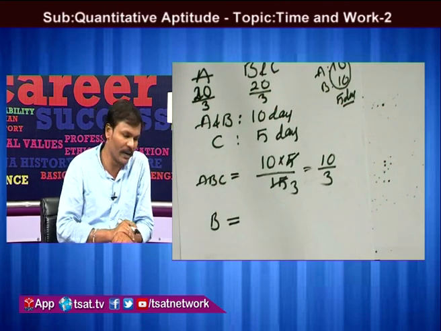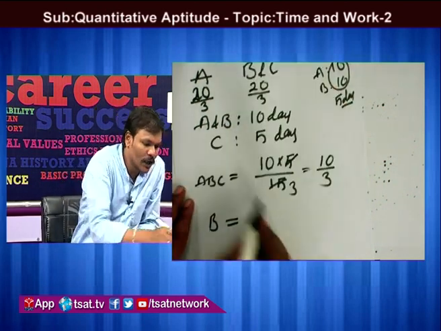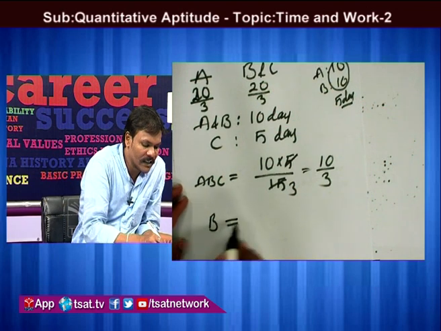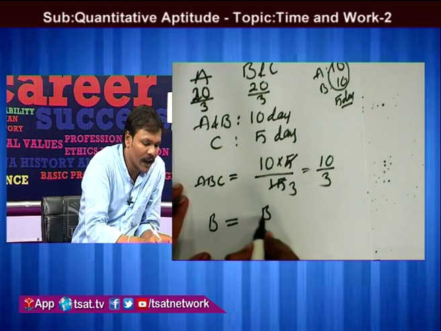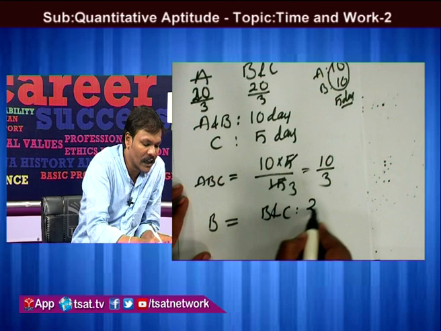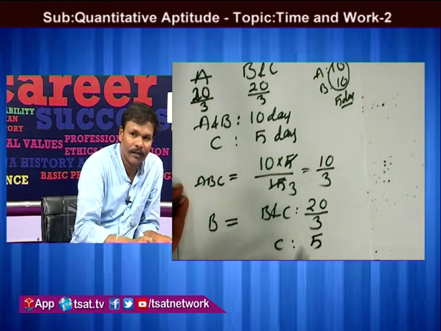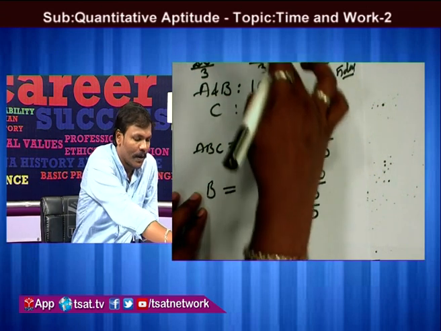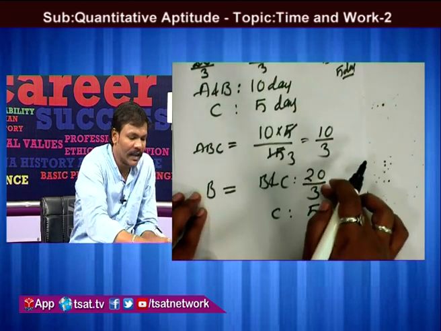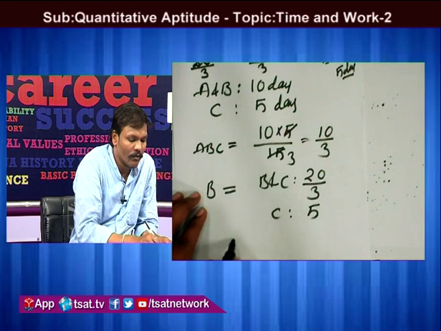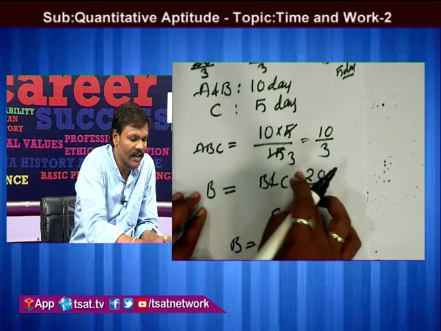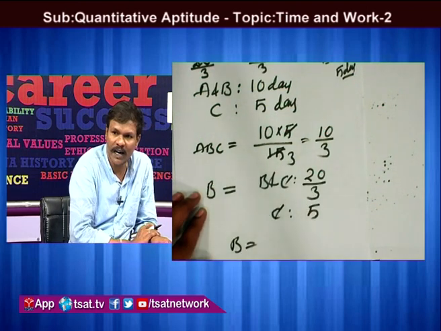B and C is 20 by 3, C alone is 5 days. We want only B, that means from that BC, if you remove C, you get the B value.